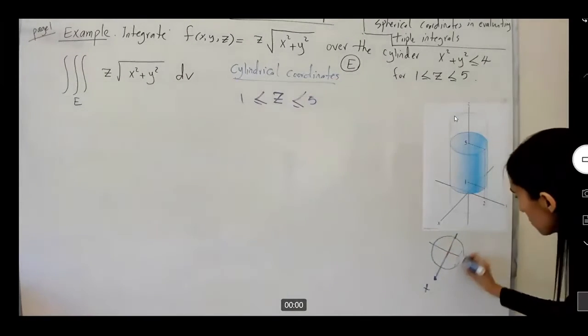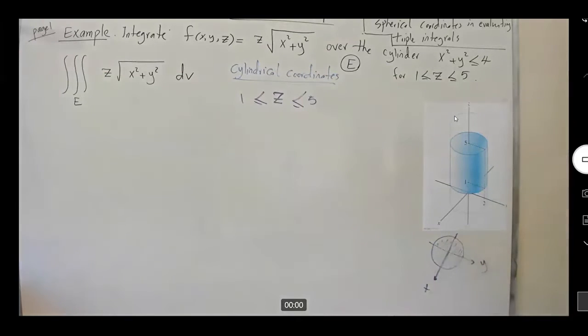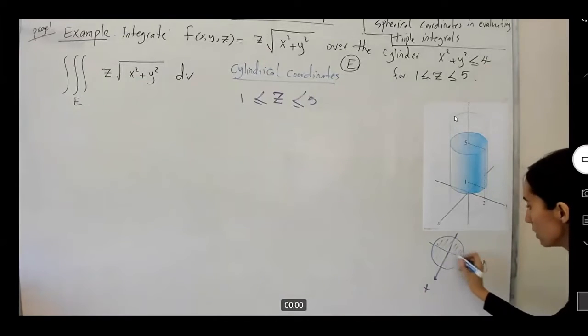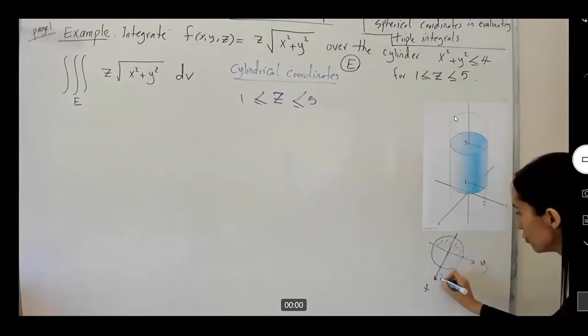Here you have this region here. So my r is bounded between 0 and 2.